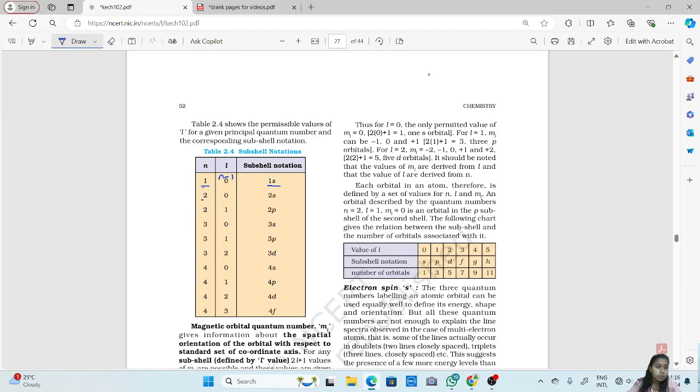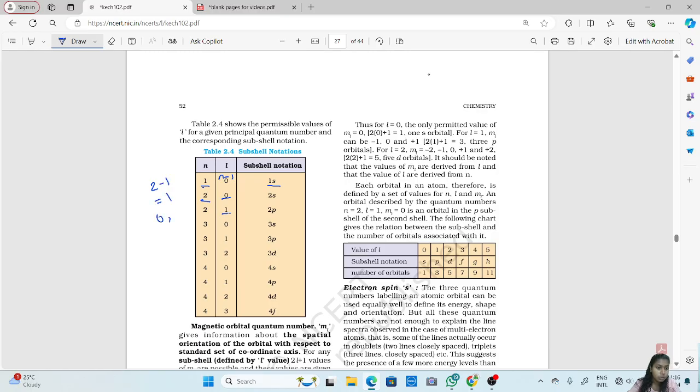Now when you have principal quantum number 2, again you will have 0, so it will be 2s. Then you have 1: 2 minus 1 gives 1.